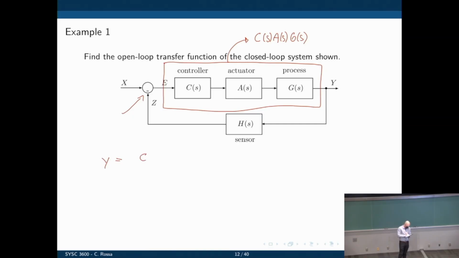So that's C A G of s divided by 1 plus, because that's negative, the multiplication of the line function and the feedback function, C of s, A of s, G of s, and don't forget H of s.